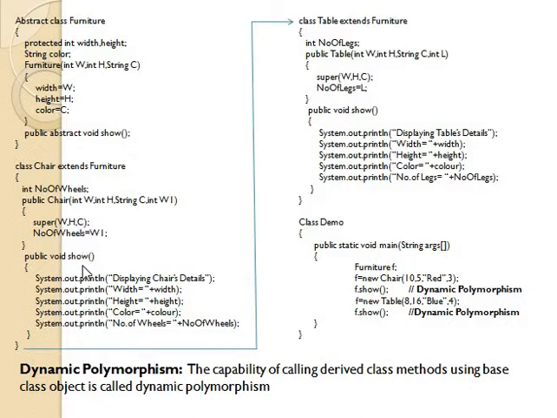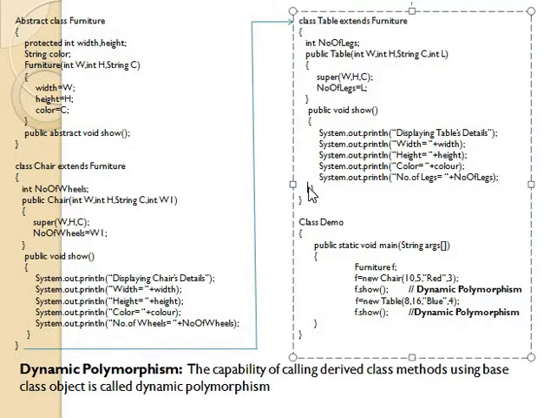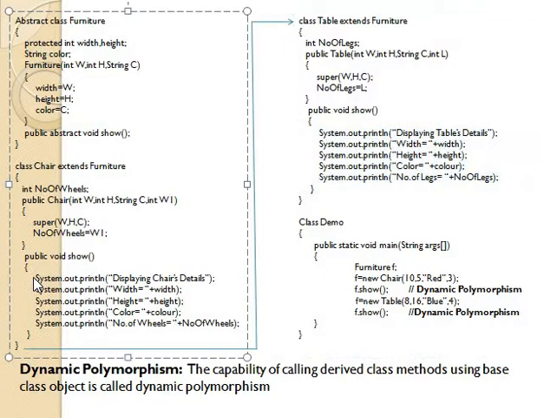But if you look at the methods show of the derived class chair and of the derived class table, they contain a body, represented within the opening curly brace and the closing curly brace, and inside the body they have a set of Java statements to be executed.